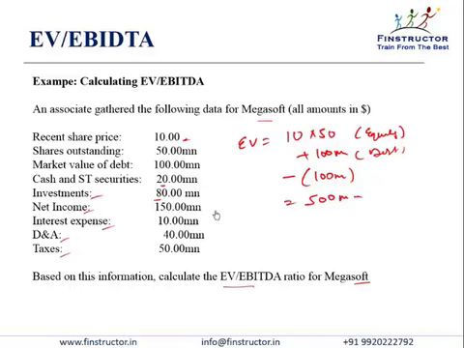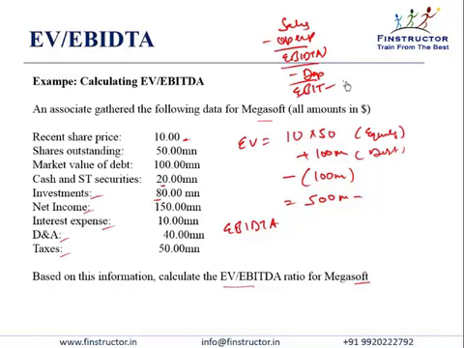Now, the EBITDA can similarly be calculated. So, sales minus gross profit and operating expenses gives us EBITDA, minus depreciation gives us EBIT, minus interest gives us EBT, minus tax gives us profit after tax or net income.